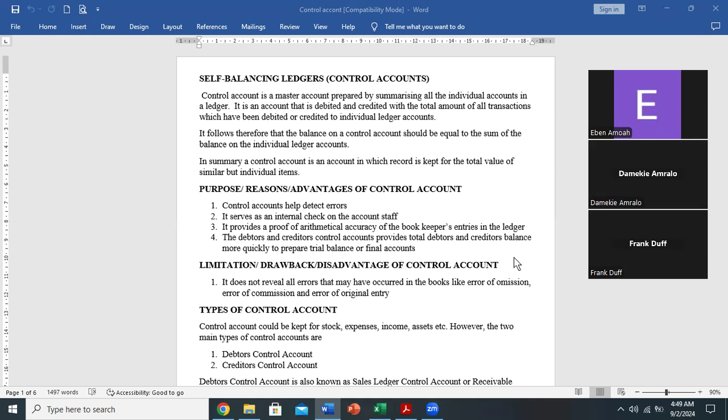So the control account we are going to look at here is grouping all debtors accounts together and grouping all creditors accounts together. Okay, so that is the first information I want you to codify into your brain. Control account is basically about summarizing. What are we going to summarize? We want to summarize items that are similar to debtors and items that are similar to creditors.